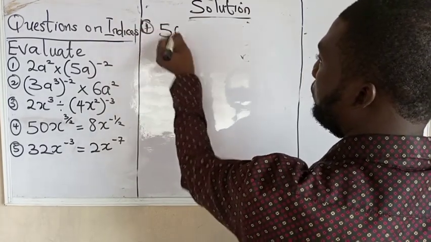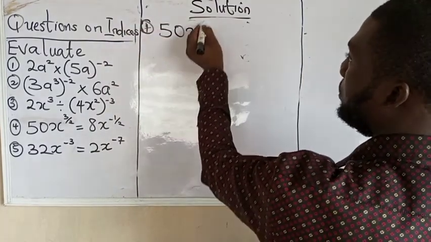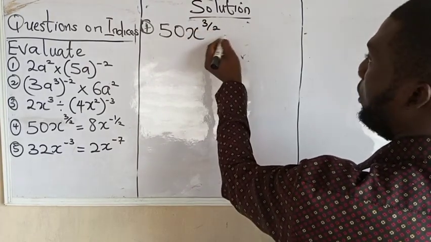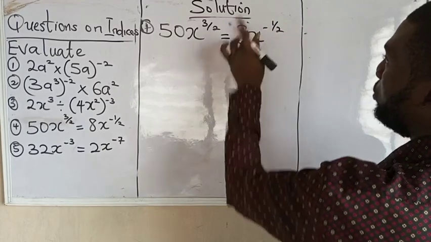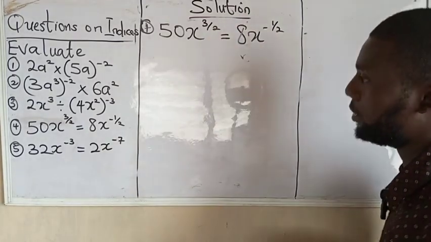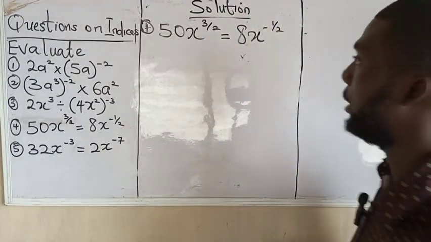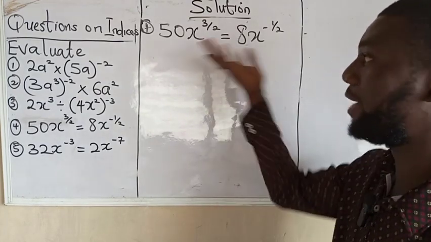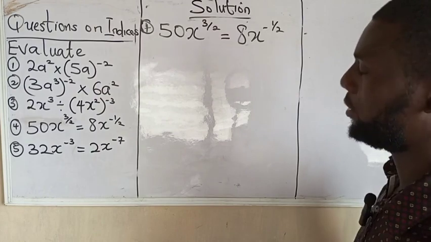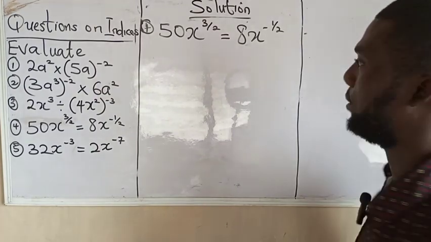Number 4: 50x raised to power 3 over 2 equals 8x raised to power minus 1 over 2. Now, there is an equality here. So automatically, from this question, we have been asked to find the value of x. So how do we get the value of x?